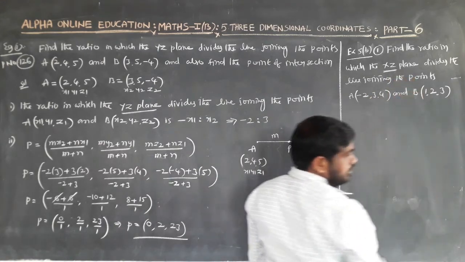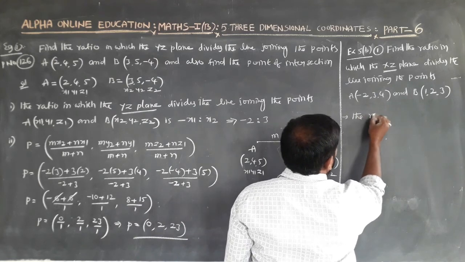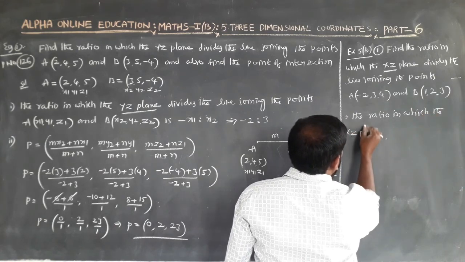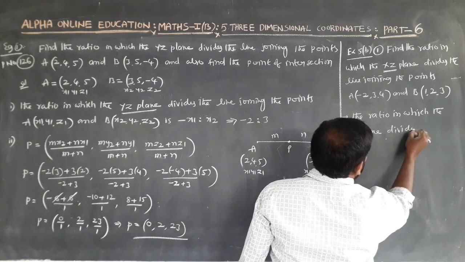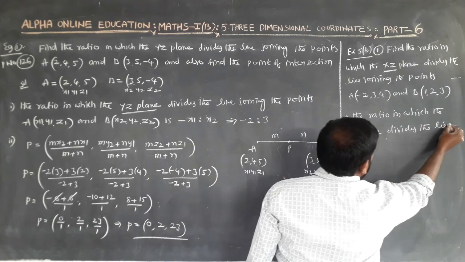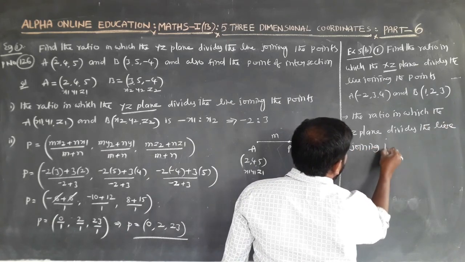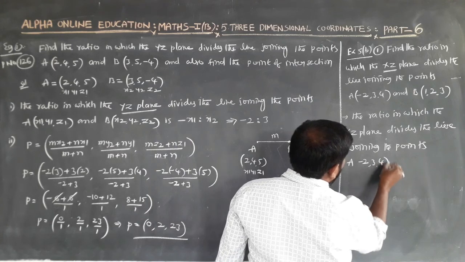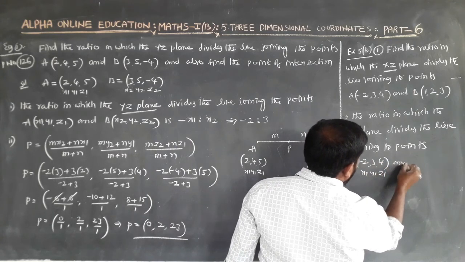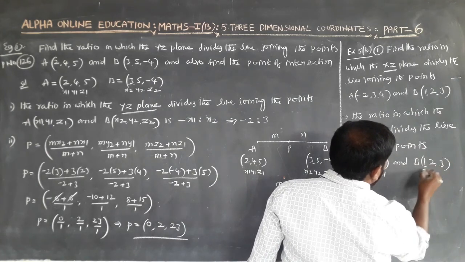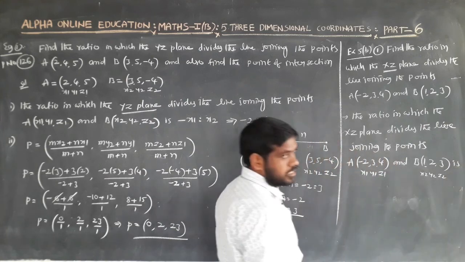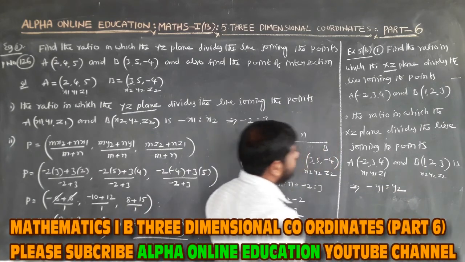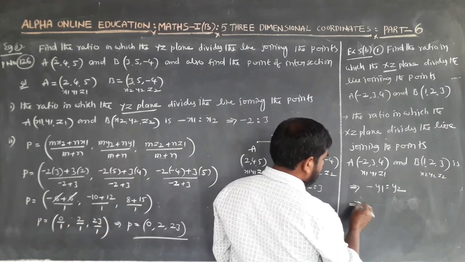Which plane? The XZ plane. Using the formula, the ratio in which the XZ plane divides the line joining the points A(-2, 3, 4), that is (x1, y1, z1), and B(1, 2, 3), that is (x2, y2, z2), is minus y1 is to y2.